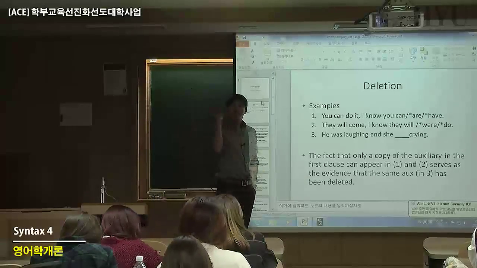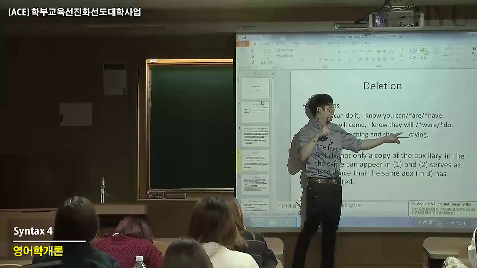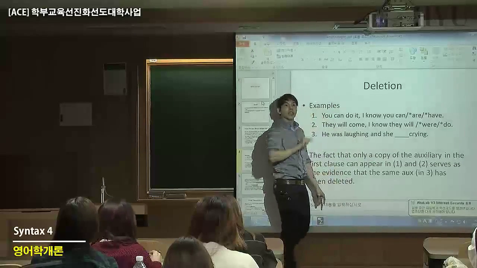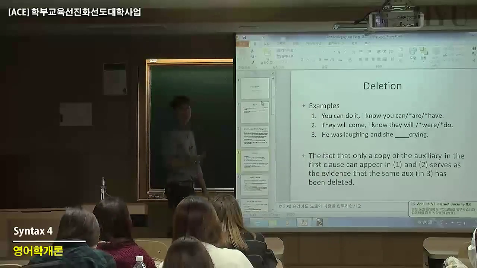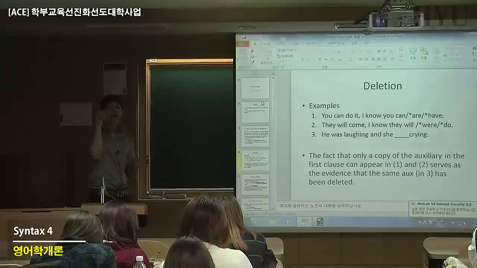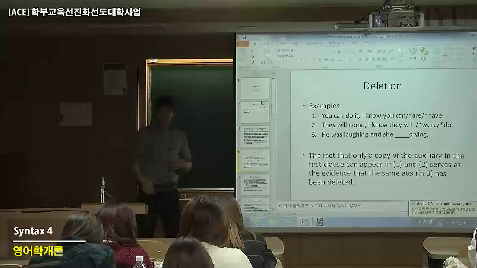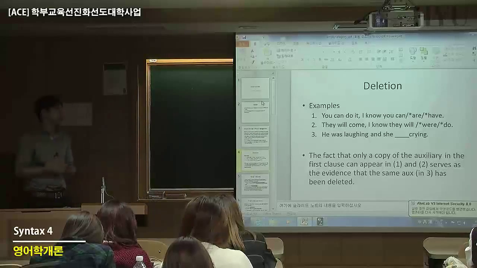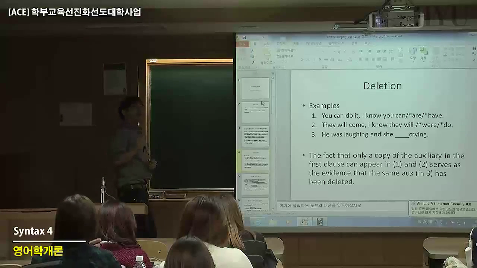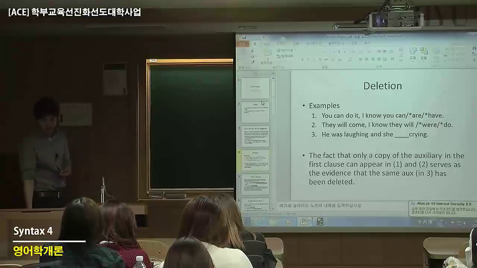So on the tree, when we draw this, we can just have a branch for aux and then put a 0 in there, okay? Because it's gone, but it can be there. So the structure is on the tree, but it's just unfilled. We'll call that unfilled, or filled by a 0, okay? So that's the idea of emptiness. Something that can theoretically be there, but is deleted. That's one idea of emptiness, okay?